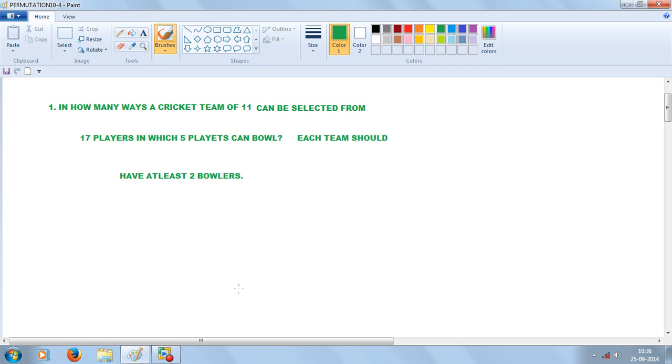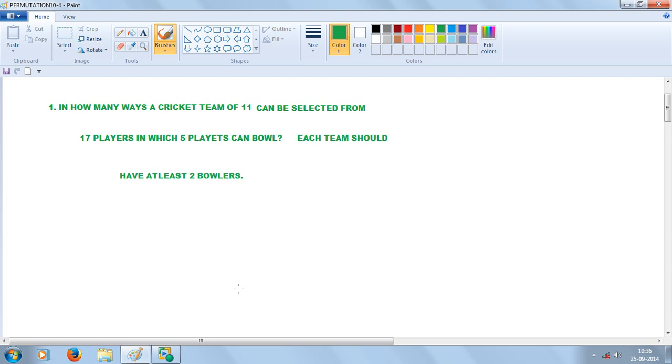So how do we do this problem? First, we will take a minimum of 2 bowlers.